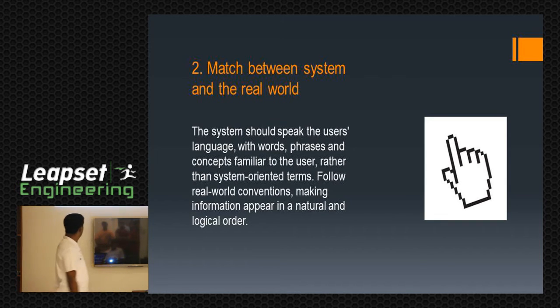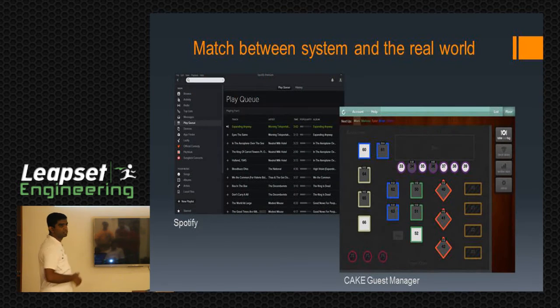These are two good examples. This is Spotify. It uses natural language like playlist, play queue, songs, albums, etc. It's very familiar to the user.